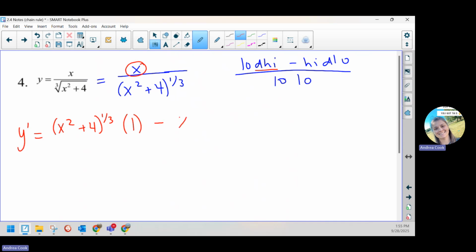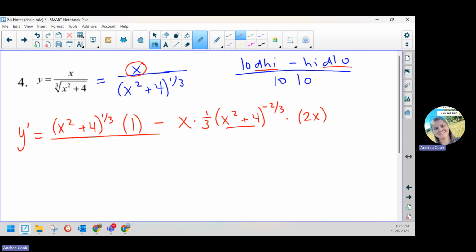Minus high, which is our numerator, which is x, times derivative of the denominator. So that one's a little bit harder. We bring the 1/3 down, keep our inside function the same, subtract 1, but now we can't forget to look inside and multiply by the derivative of the inside function, which would be 2x.